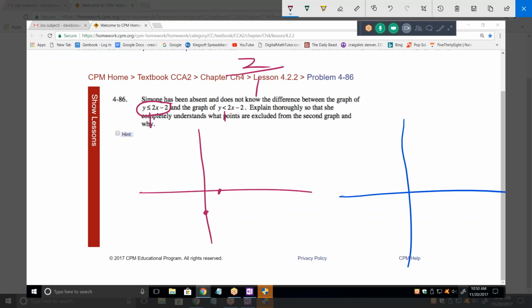Yes, that's a solid line. Same 2 points in blue. But in blue, is that going to be a solid or a dotted line? Would that be a dotted?